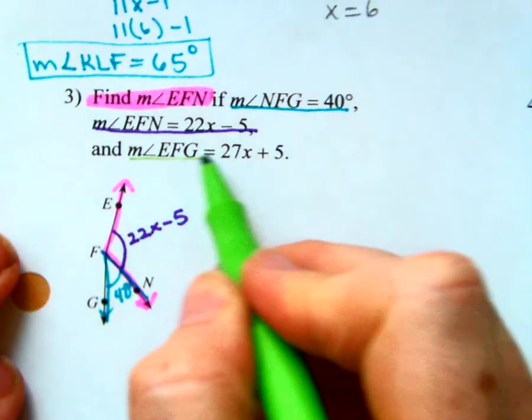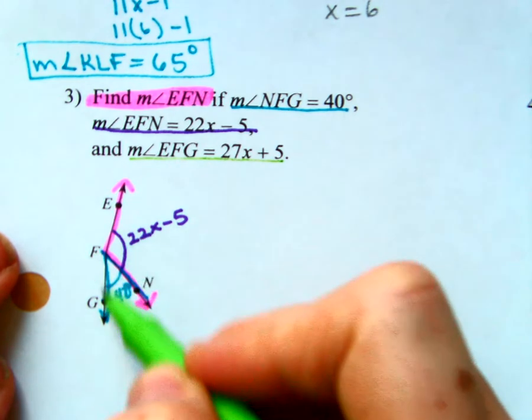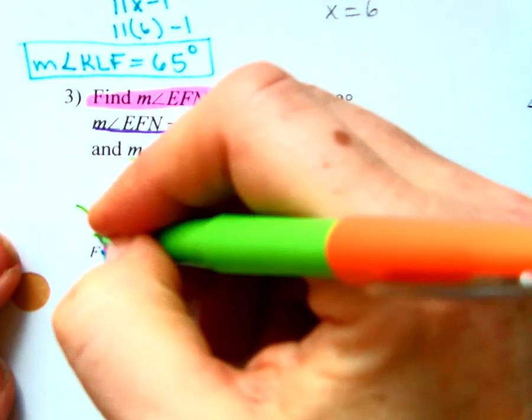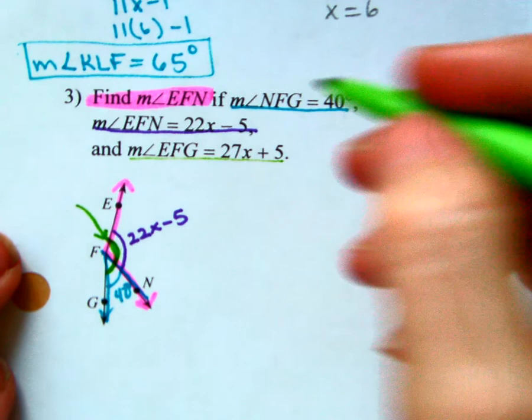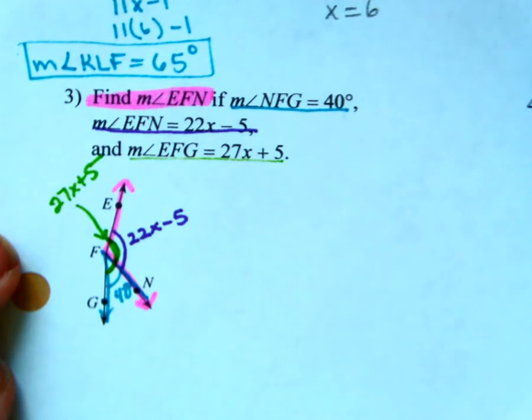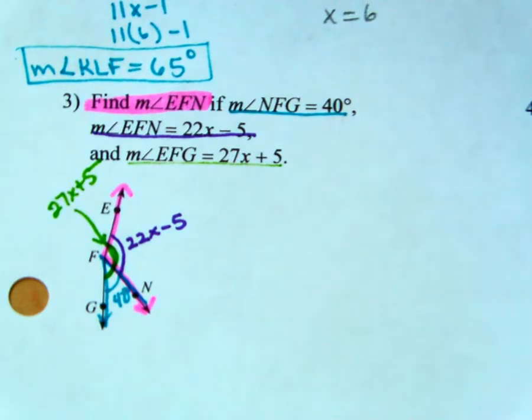So the next part is EFG. EFG is the entire angle. It's the whole angle. And it is 27x plus 5. And so remember, we're doing this part plus part equals whole.